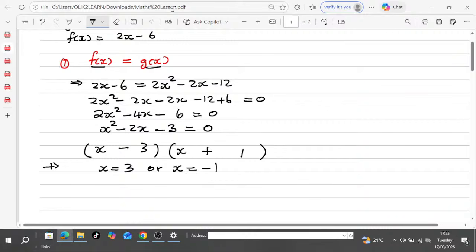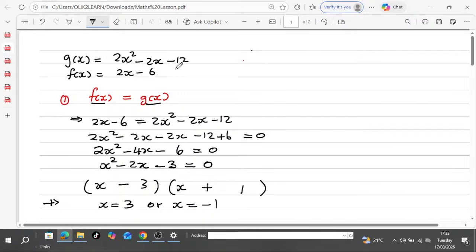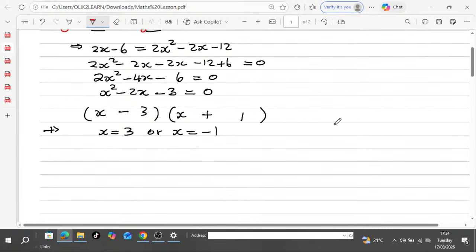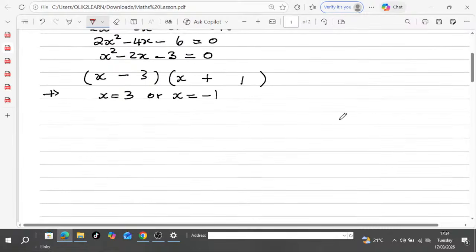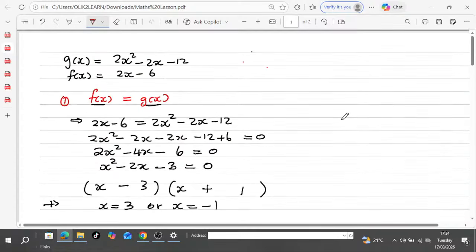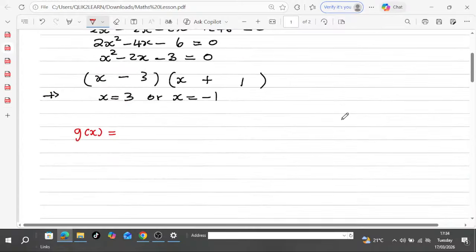Let's follow the steps to graph these two graphs. So now let us plot the graphs. Let's start with g at x, which is 2x squared minus 2x minus 12.